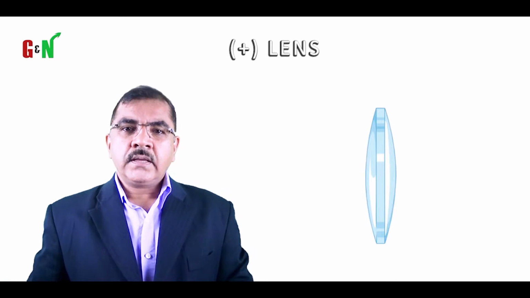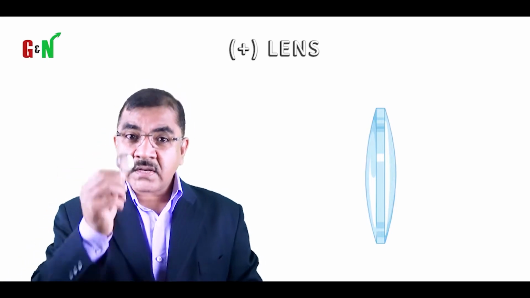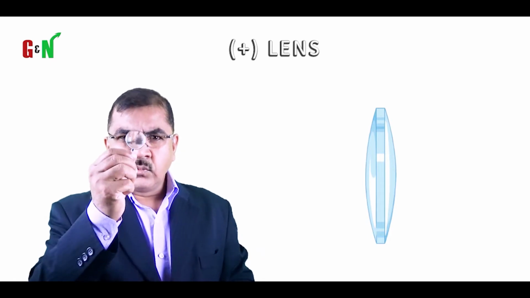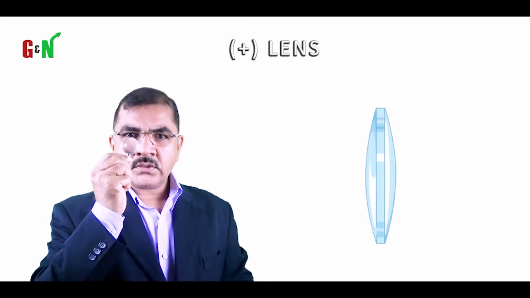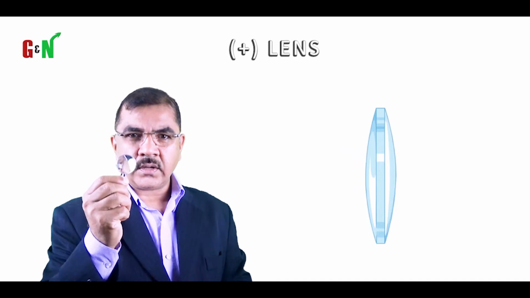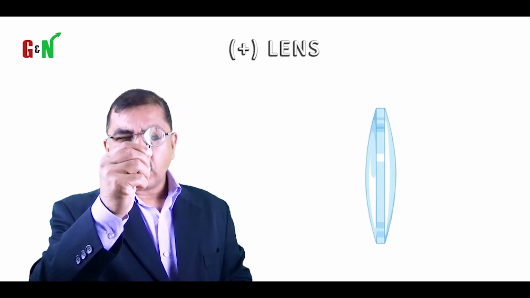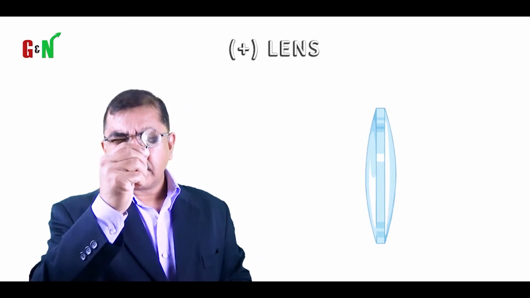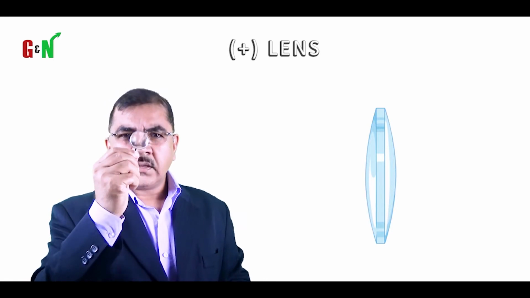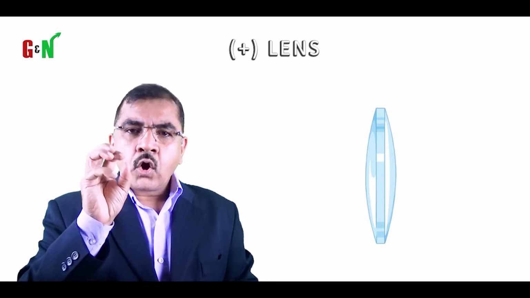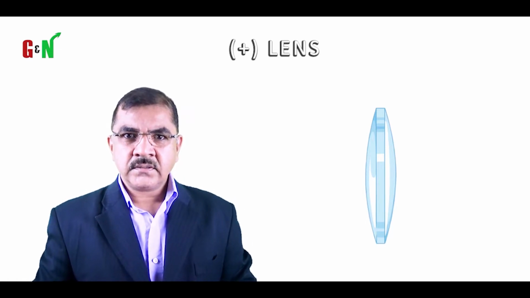So in a plus lens, the first thing you can identify is to move it towards your eye and away from your eye. Alright. So when you are going to move like this, the object magnifies in a plus lens.